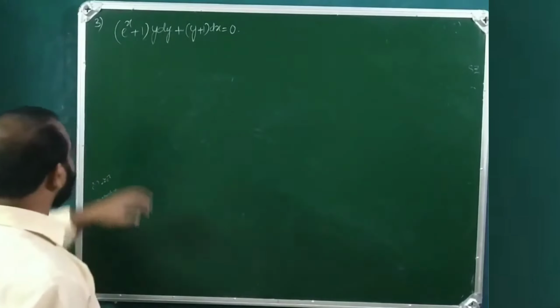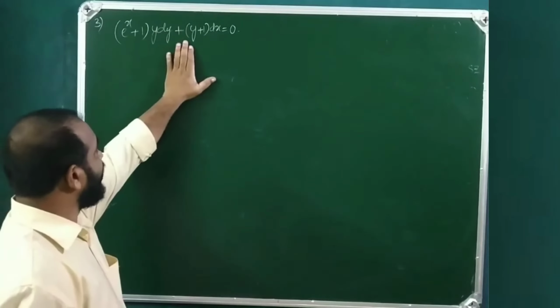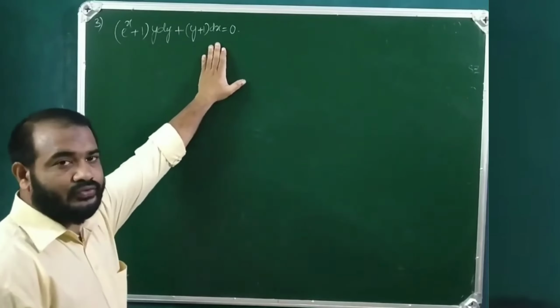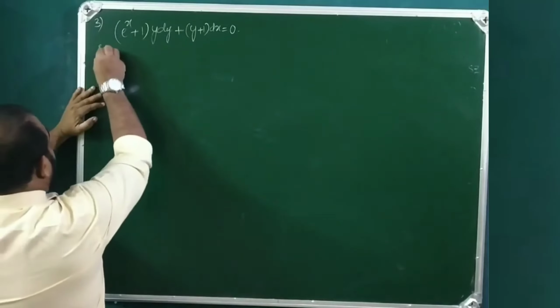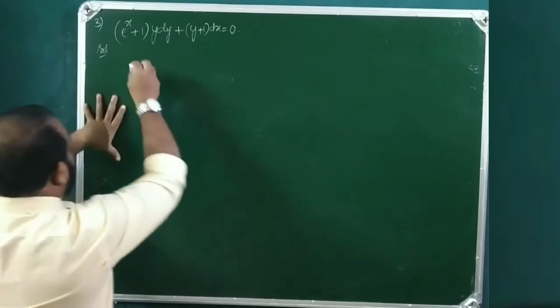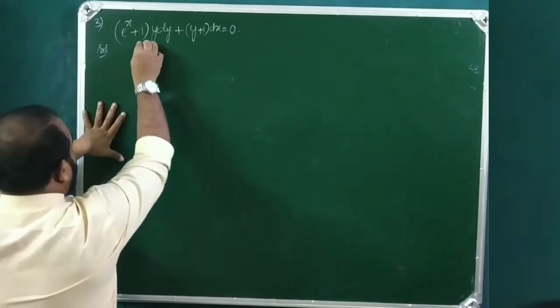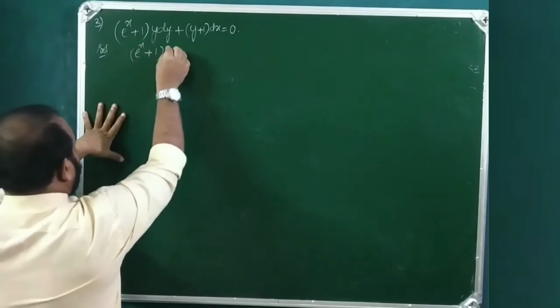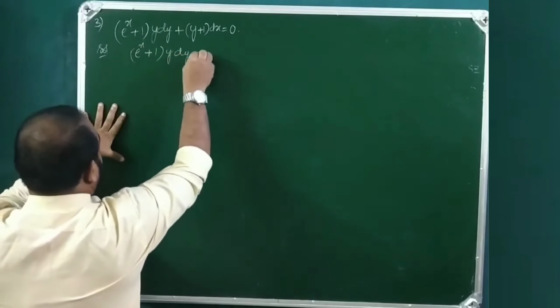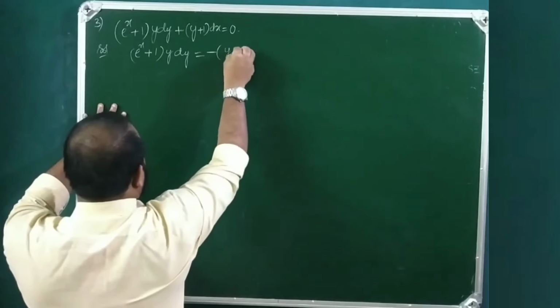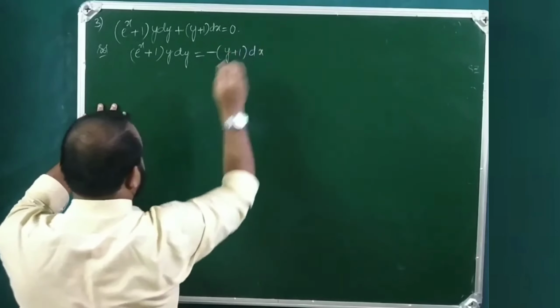The next question is e power x plus 1 into y dy plus y plus 1 dx equals 0. Very first, let us transpose onto the other side. e power x plus 1 into y dy equals minus of y plus 1 dx.